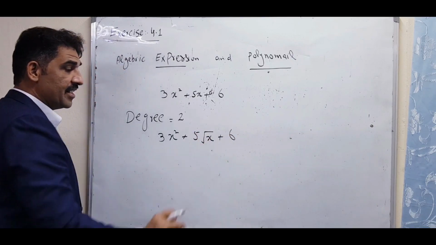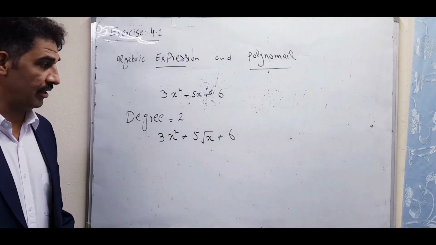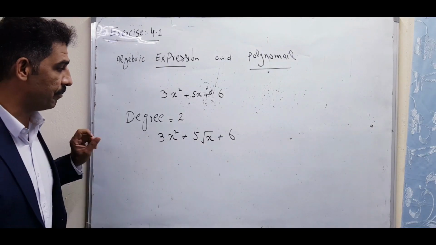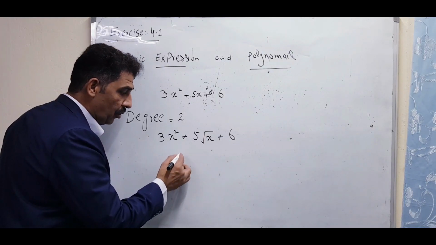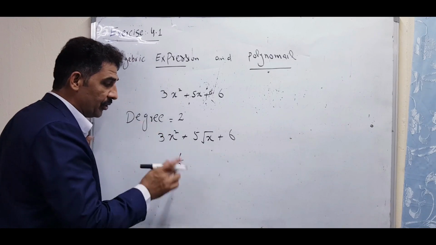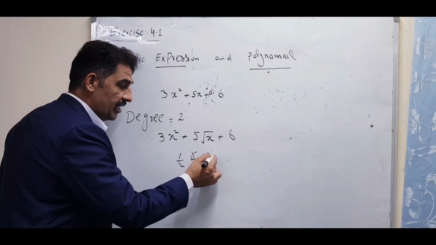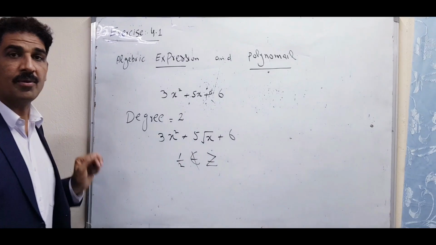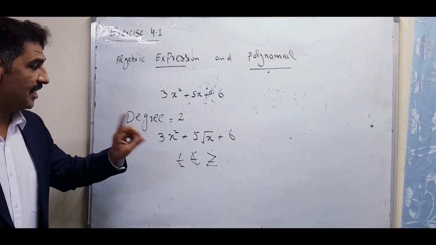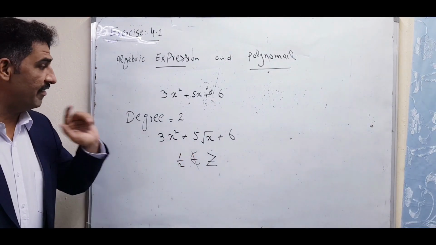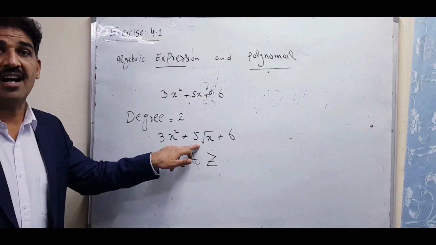Now its power is not a positive integer. This variable has the power 1 over 2, and 1 over 2 does not belong to integers. So this is not a polynomial. When it is not a polynomial, then it is called an expression.